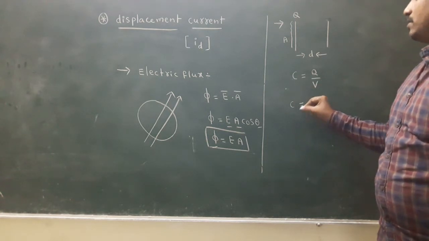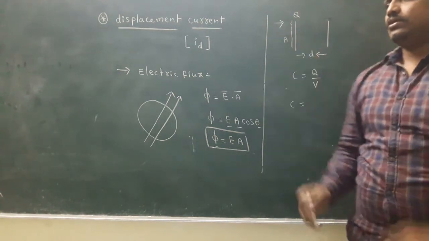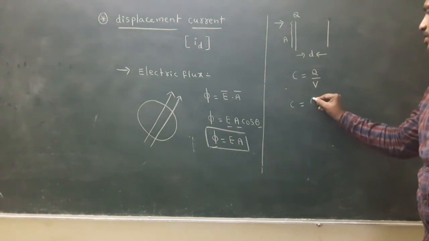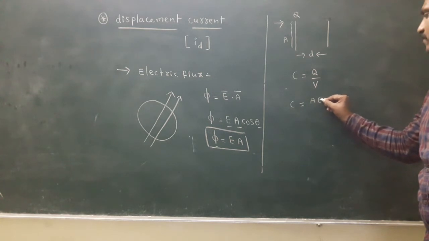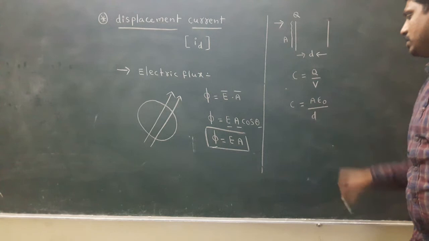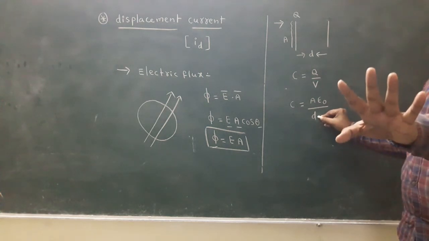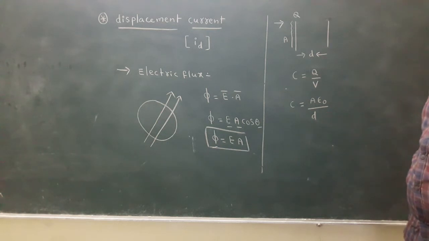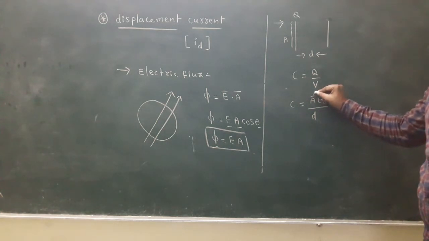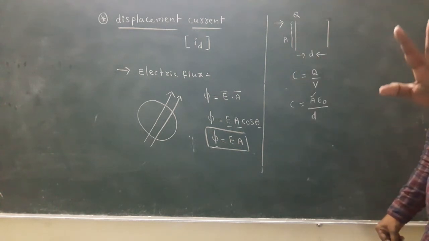Another formula: this is a parallel plate capacitor. In this situation, the capacitance formula is A epsilon naught by D. Here D indicates the distance between the two plates, and A indicates the area of each plate.